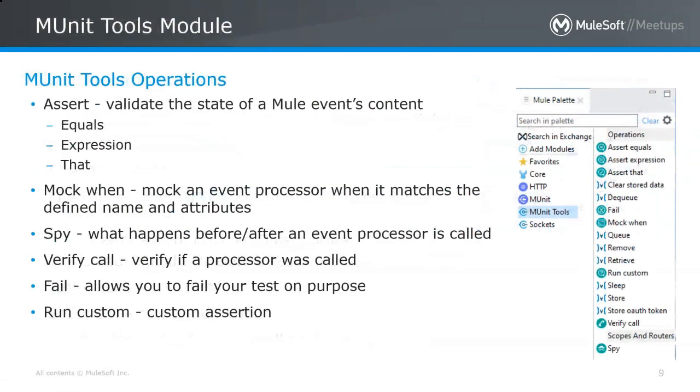In the MUnit tools operations, we have the assertions, and basically they are validating the state of a Mule event's content, either with an equal expression or assert that a given value is such and such, depending on what you set it as. Another tool is the mock when, and this will mock an event processor when it matches the defined name and attributes for whichever one we have selected.